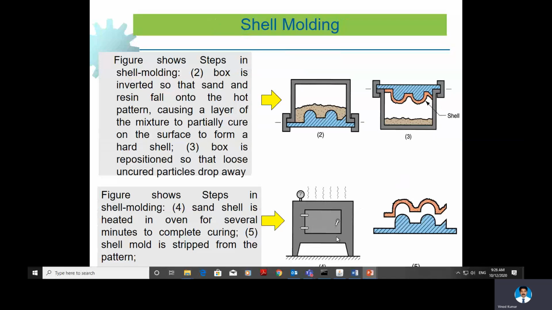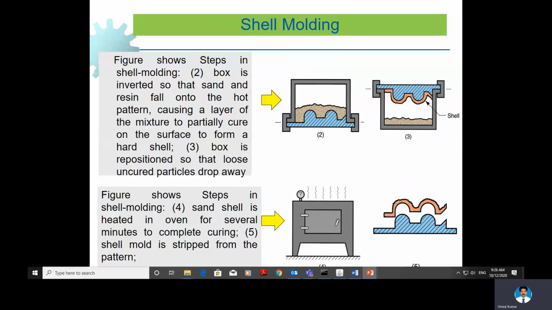After taking it out, we can strip the mold from the pattern, and then we get a perfect shape. When we connect these shapes together, we get a mold, and then we can pour molten metal into it and produce a part. This is all about shell molding.